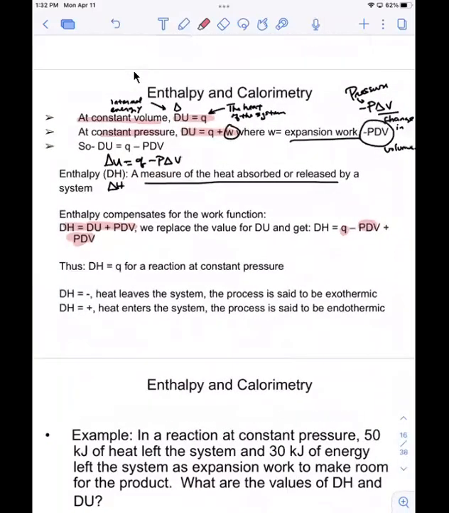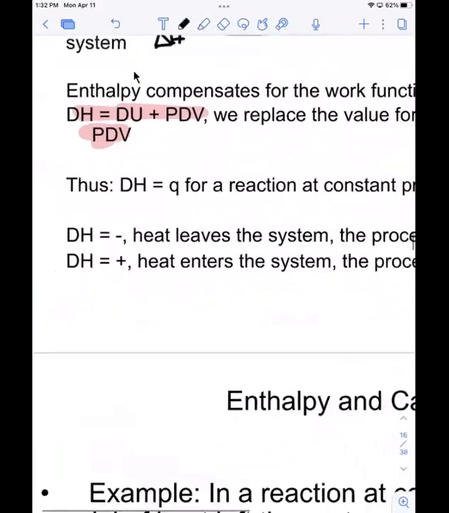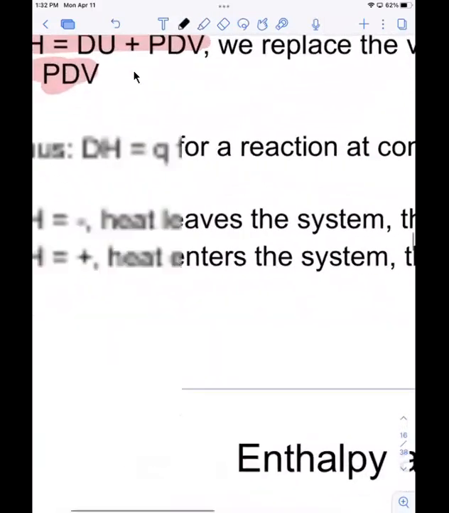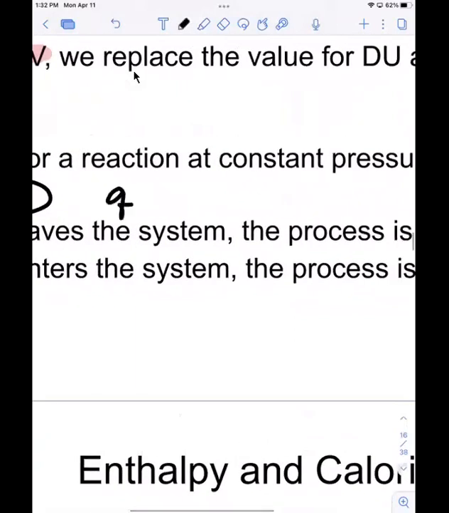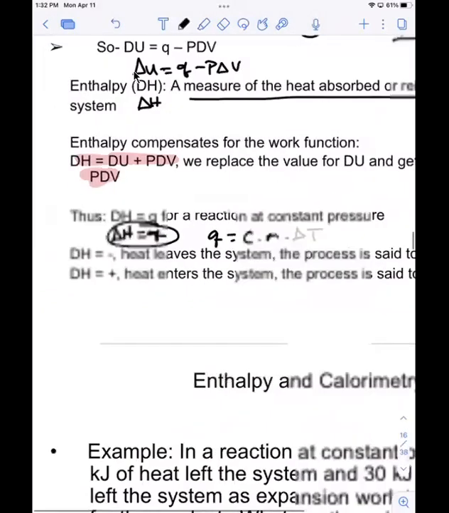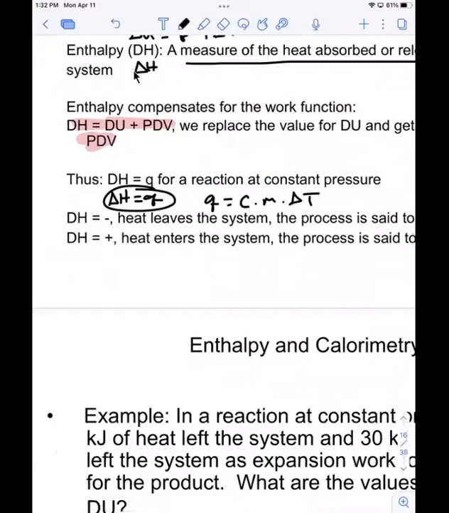So the bottom line is, for any given system, any reaction at constant pressure, delta H and Q are equal. And we know here that Q is C times the mass times delta T. So we could substitute Q in with these terms if we don't know Q, and we can calculate it, and that is the same as delta H, because remember, Q is always in joules.